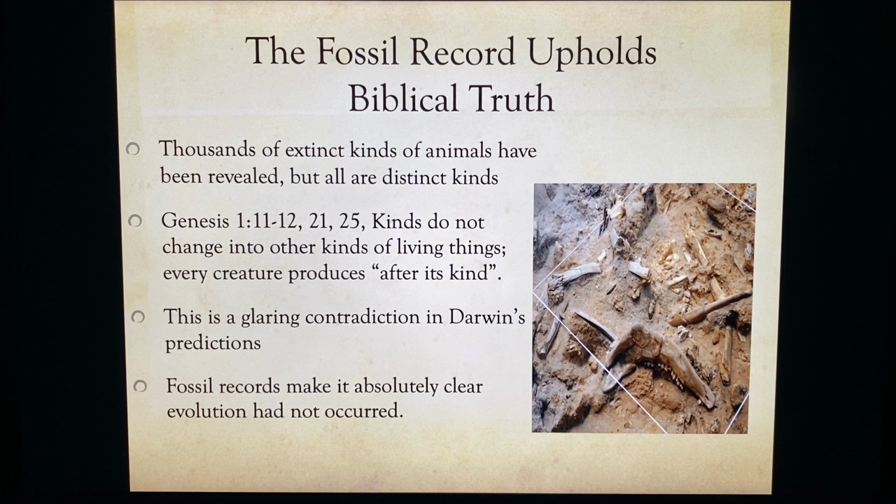In Genesis 1:11, 12, 21, and 25, kinds do not change into other kinds of living things. Every creature produces after its kind. Wow, this is confirming the Bible. This is a glaring contradiction in Darwin's predictions, don't you think? Fossil records make it absolutely clear evolution had not occurred.